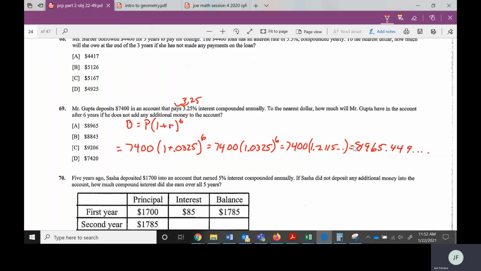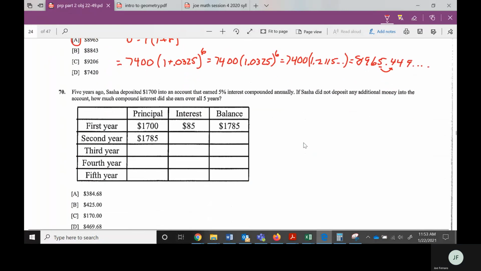So you round here. They just say round to the nearest dollar. So you look at the number next to it. So that's going to be 8965. Okay.